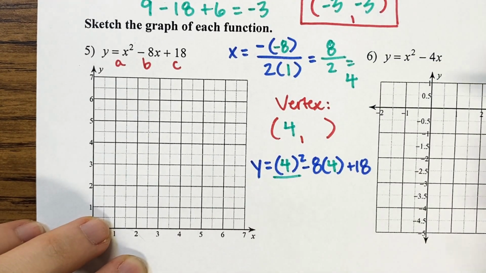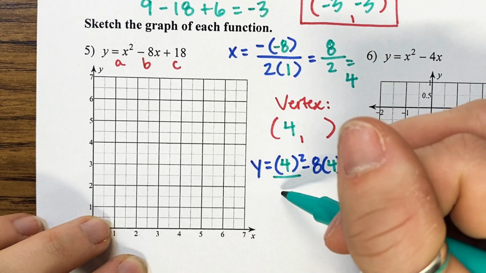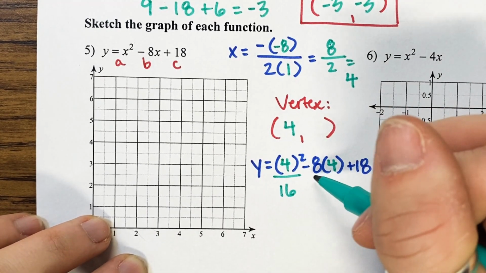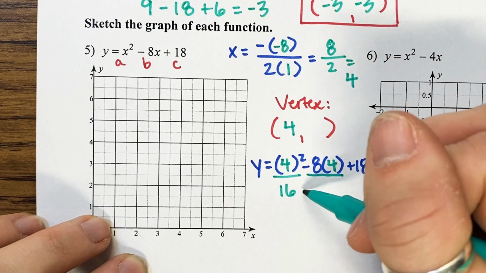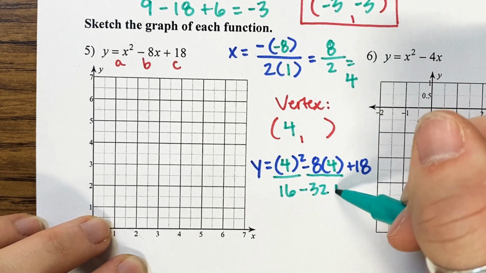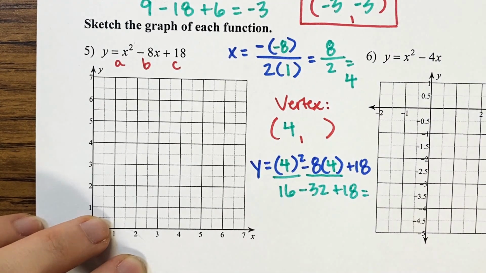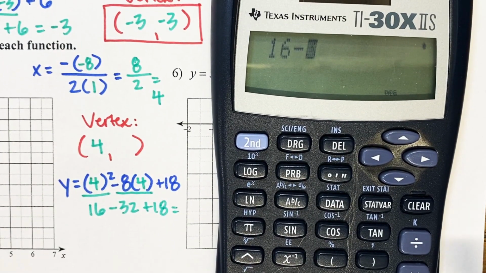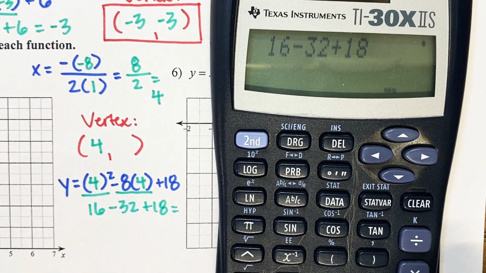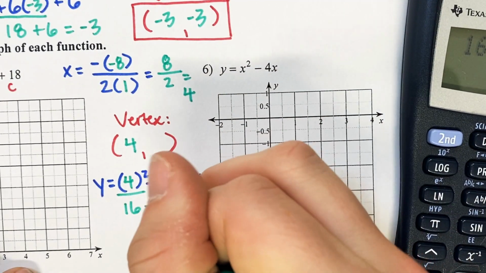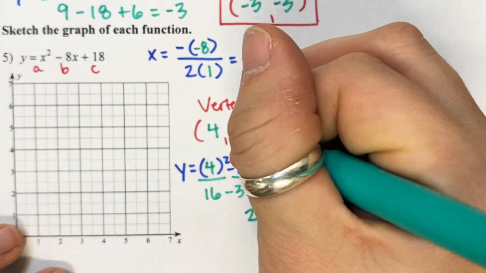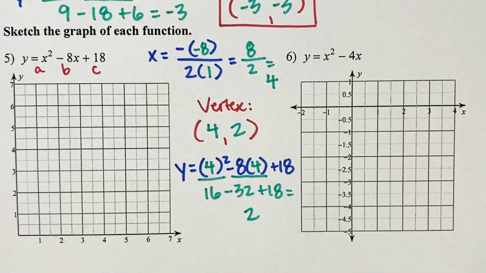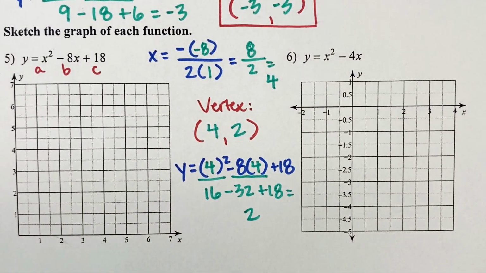Okay, so 4 squared, 4 times 4 is 16. Negative 8 times 4 is negative 32. And plus 18, we can put this into our calculator and see what we get. Okay, so 16 minus 32 plus 18 is going to give me positive 2. So we know that the y part of our vertex is positive 2.